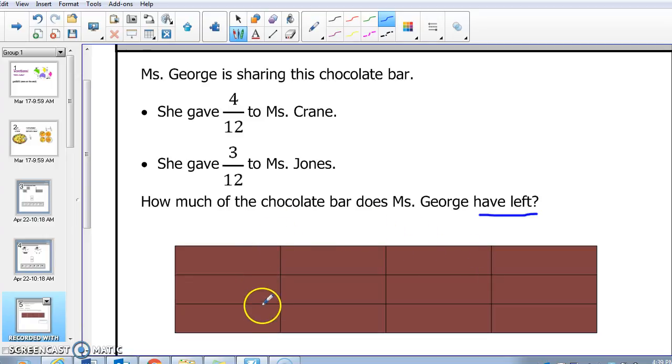We have 1, 2, 3, 4, 5, 6, 7, 8, 9, 10, 11, 12. So here are 12ths. She gave 4 of them to Miss Crane, 3 of them to Miss Jones. So how many does she have left?